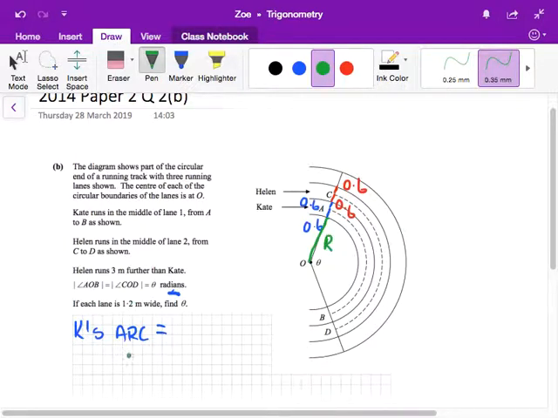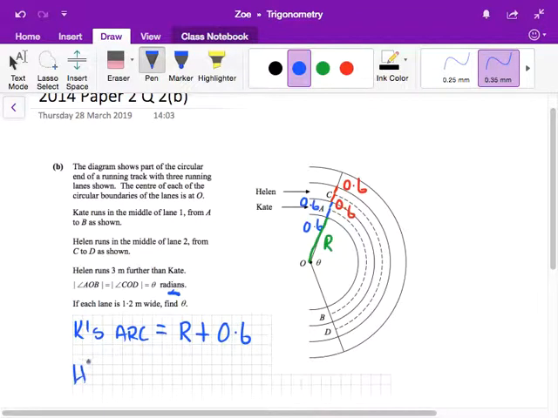Okay, so Kate's arc has a radius of R plus, so she's running along the middle, so 0.6 here, like half the width of the track. So the radius of her arc is R plus 0.6.